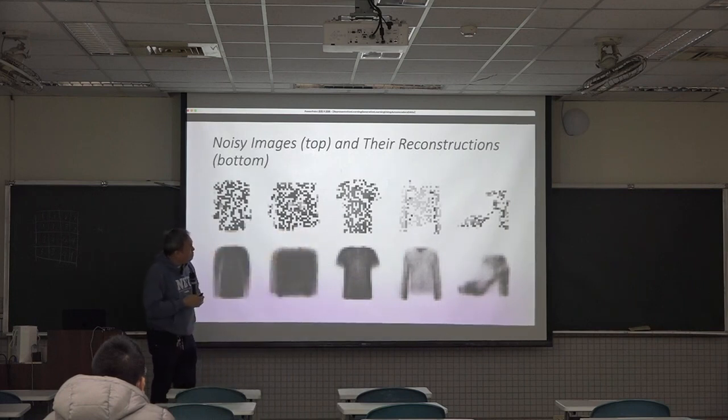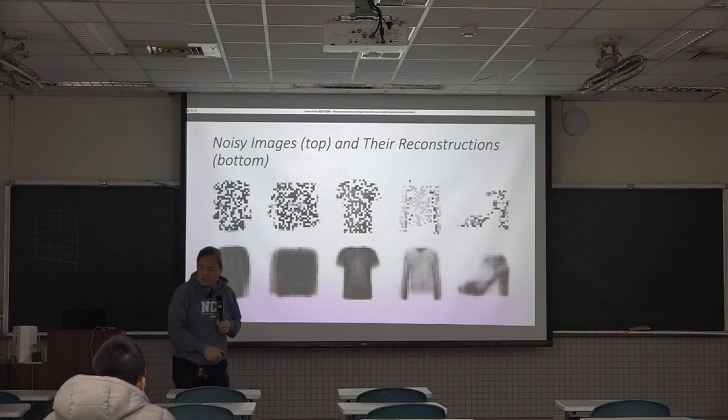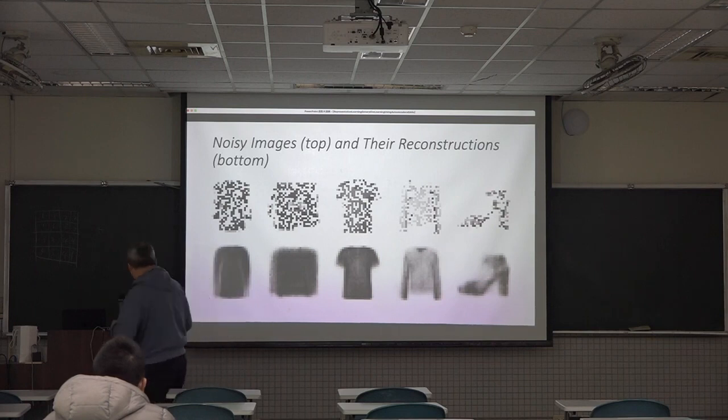The only thing you can probably tell is maybe, oh, this one looks like a t-shirt. This one looks like a long sleeve. This one looks like shoes, like a high heel. But for these two, it's probably difficult to tell. But the reconstruction is very reasonable, right? The reconstruction is very reasonable.